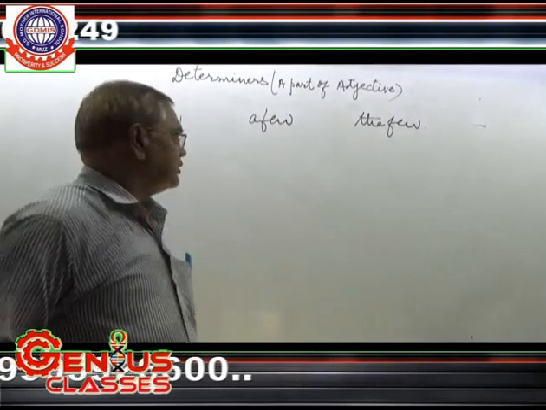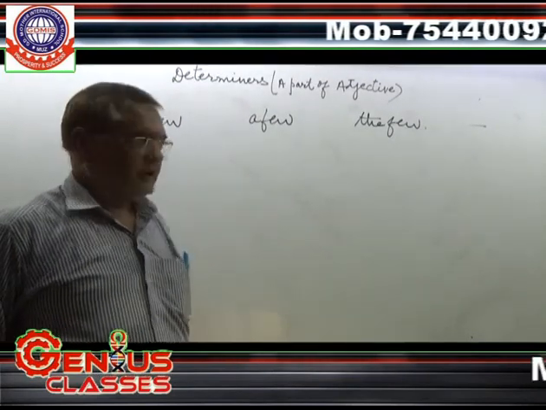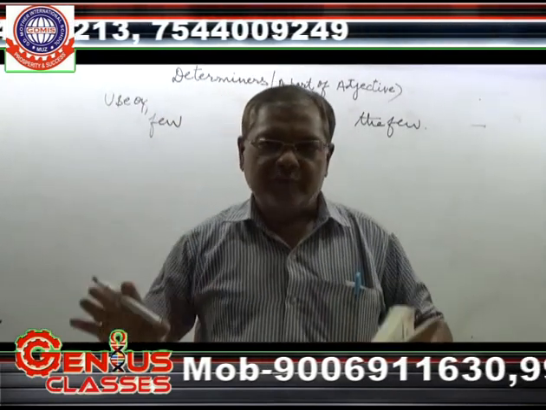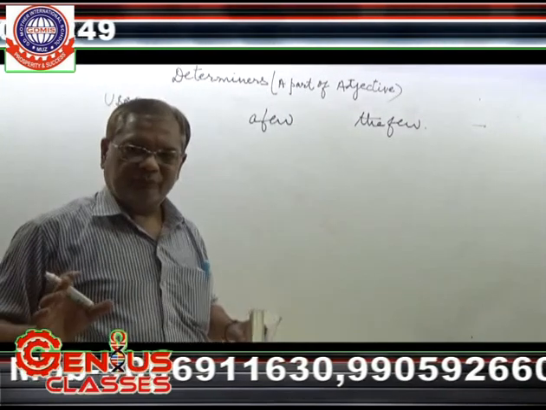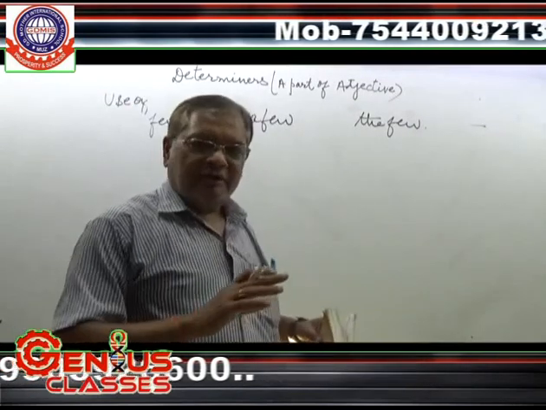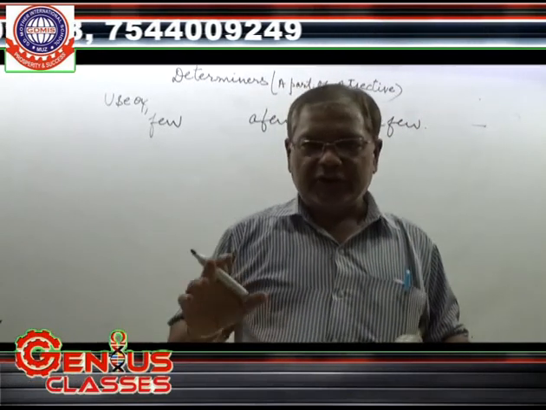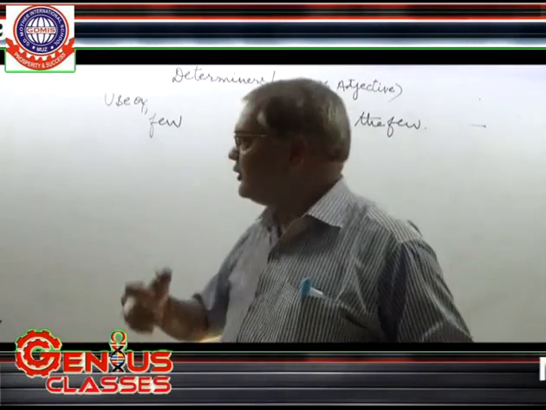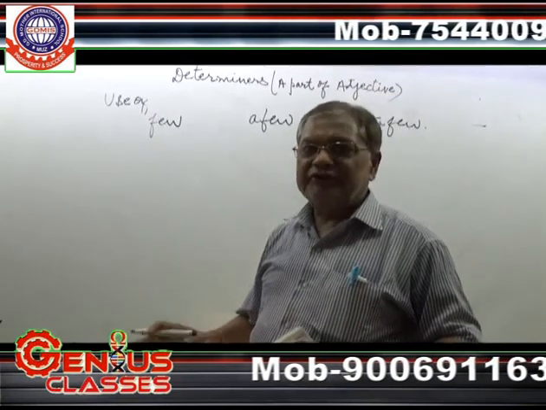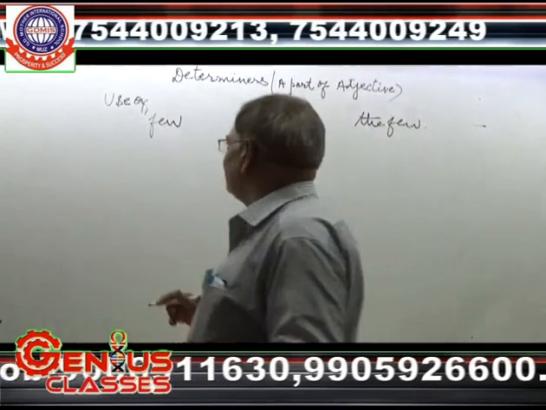Where to use these three words? Few, a few, the few: these three words are used only for countable nouns. Remember, in my previous explanation, little, a little, the little are used for uncountable nouns, whereas few, a few, the few are used for only countable nouns.